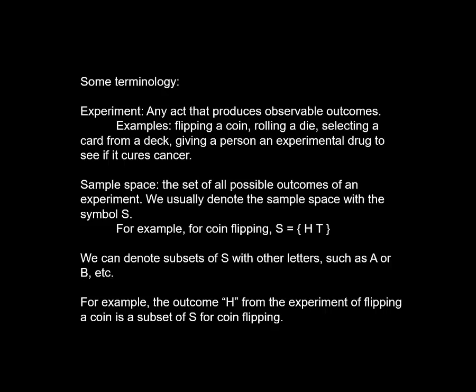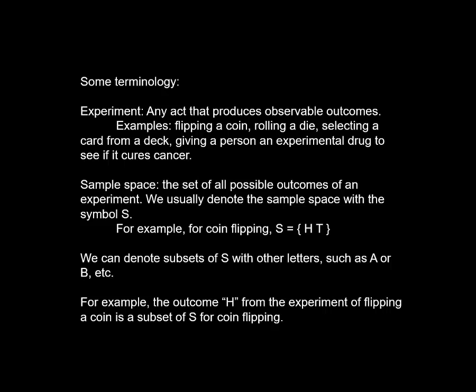But it also includes things like giving a person an experimental drug to see if it cures cancer. Flipping a coin is a simple experiment. Giving a person a drug to see if it cures cancer, that's a very complex experiment. But they are both acts that produce observable outcomes. So when we have anything that produces an observable outcome in probability theory, we're going to call that an experiment.